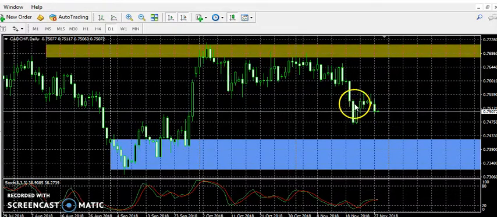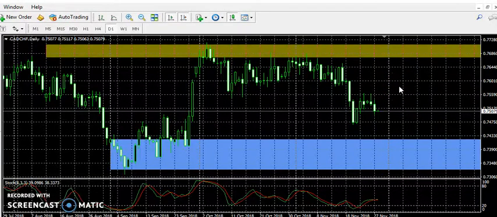Would it be a good idea to sell into higher time frame demand? If you had missed the trade here, it's too late to sell into demand. You would have sold up here. The best way is to buy in demand to go back up.